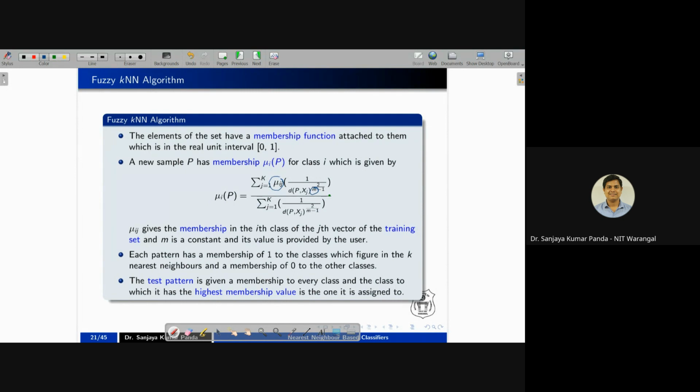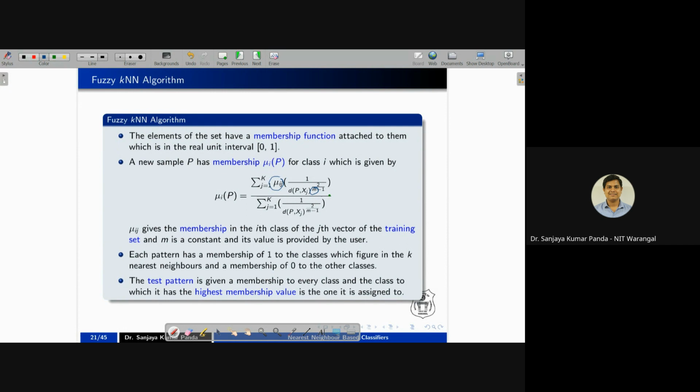Each pattern has a membership of 1 to the class it belongs to, and 0 if it does not belong to that class. And the test pattern is given a membership to every class, and the class with the highest membership value is the one it is assigned to.